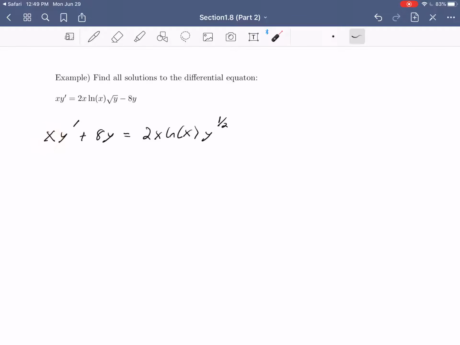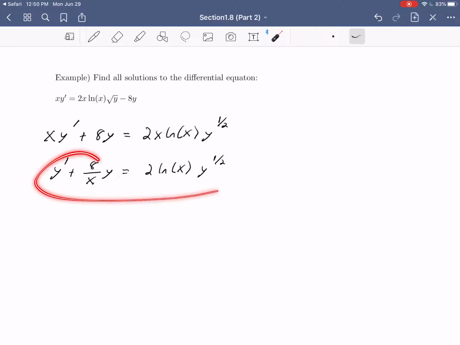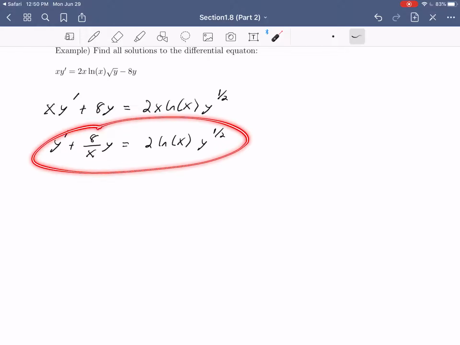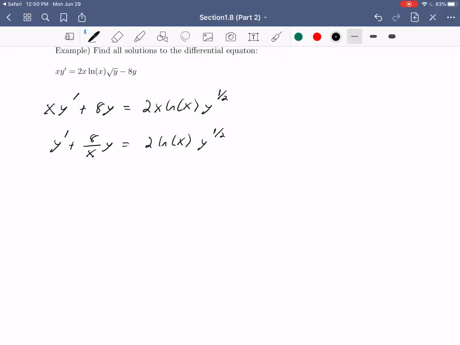There's not supposed to be any x or anything attached to the y prime. So let's divide by that first. And we get y prime plus 8 over x y is 2 ln x y to the 1/2. Again, don't have to worry about that division because that's just assuming x is not equal to 0, which is a domain restriction. It's not a restriction on the actual functional solutions. So there we go. Now this is Bernoulli here.